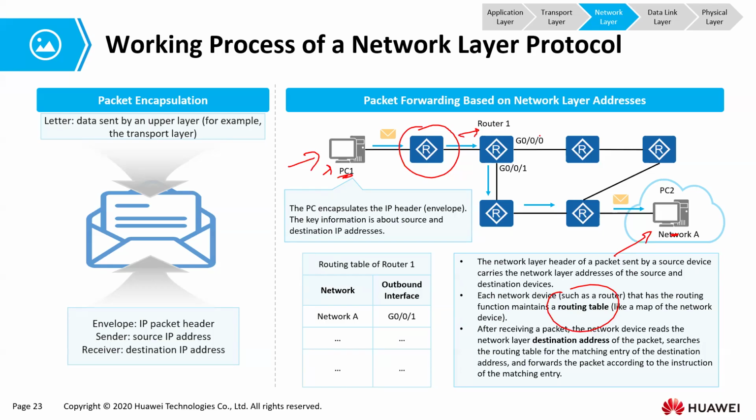I can either go via this direction to reach PC2, or I can go via the highlighted direction to reach PC2. So how does this router find the best route?